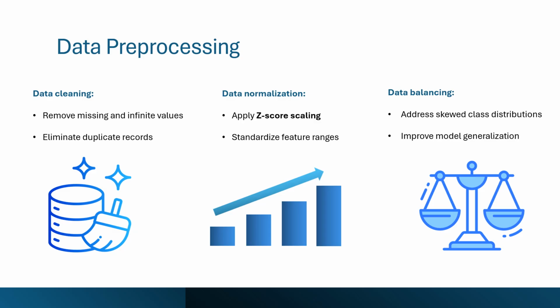We also address class imbalance, which is a common challenge in intrusion detection datasets. Some attack types are significantly underrepresented compared to normal traffic. To mitigate this, we apply balancing techniques to ensure that the models can learn effectively from both normal and malicious traffic, improving their ability to generalize to unseen data.